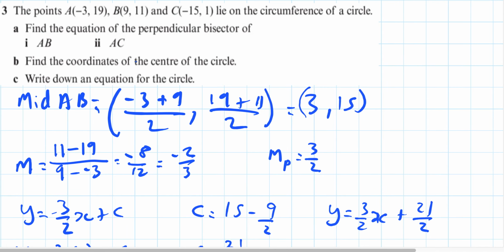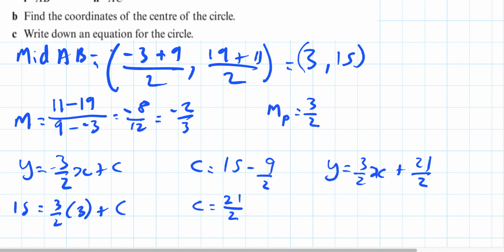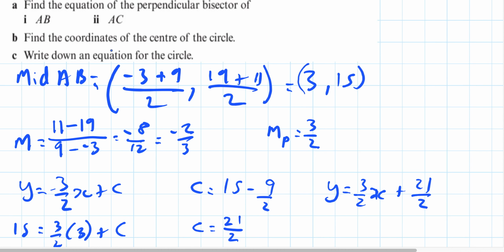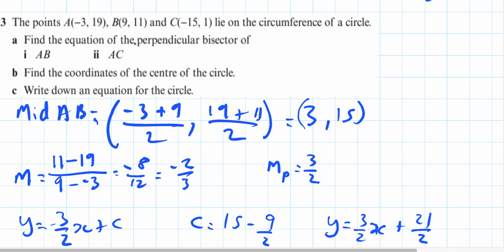Do the same for AC. So midpoint, I'm going to quickly work that out up here. The midpoint is going to be -3 minus 15 divided by 2, that is -9, and 19 add 1 is just 10.